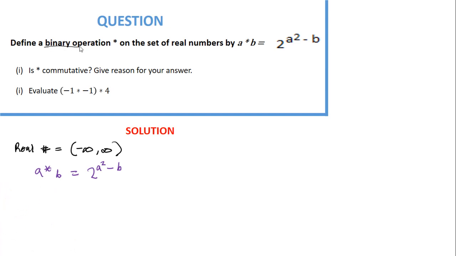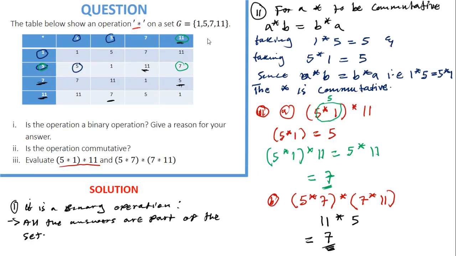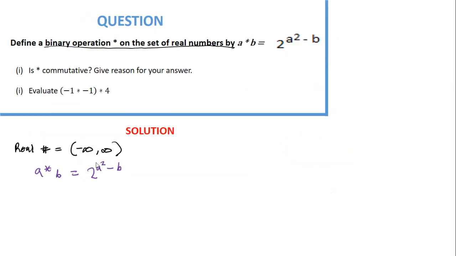The binary operation is on the set of real numbers. So this set which I wrote here is acting like in question 1. It's a set of all numbers in the universe.